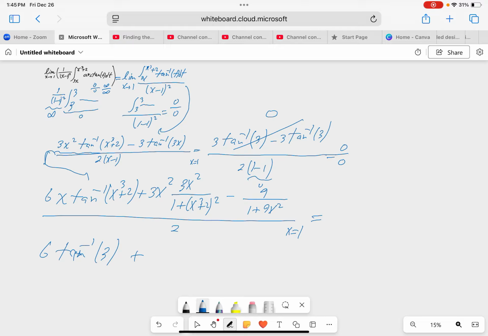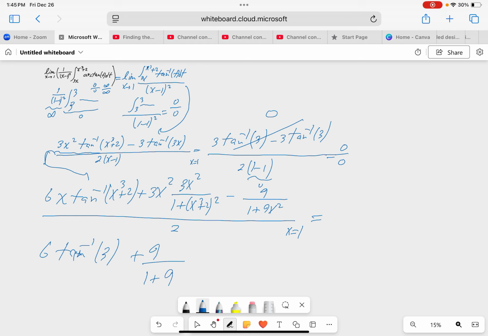And then this is going to be 9x squared, when you replace x with 1 for x squared, 1 to the power of 2 is just 1. So it's going to be 9 over 1 plus the x cubic here. Instead of x, you put a 1 here. It's going to be 1 to the power of 3, which is 1. And then 1 plus 2 is 3. So 3 to the power of 2 is 9.